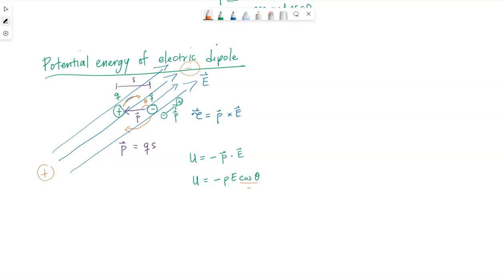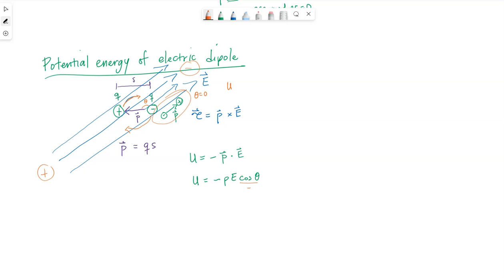As the dipole moment rotates, the absolute lineup here, when P is lined up perfectly with E, theta in this case would be 0. But that doesn't mean 0 potential energy, right?